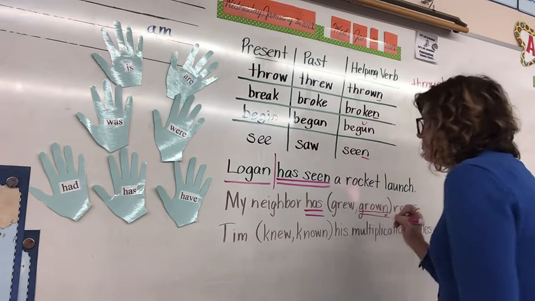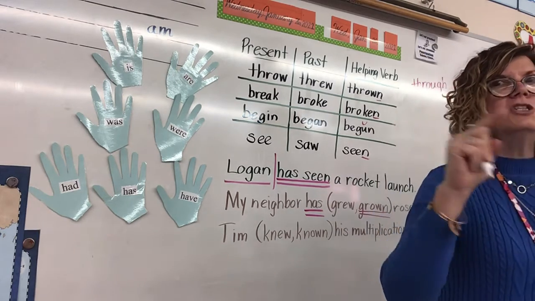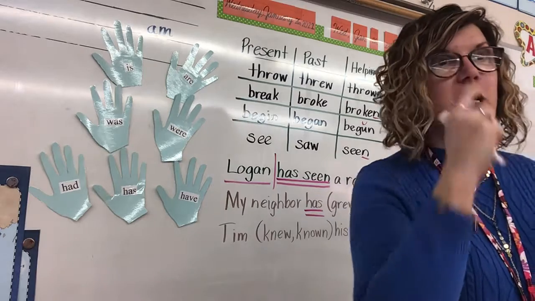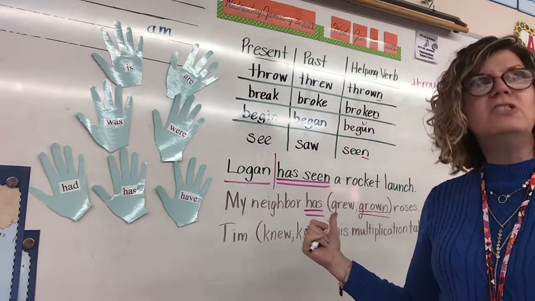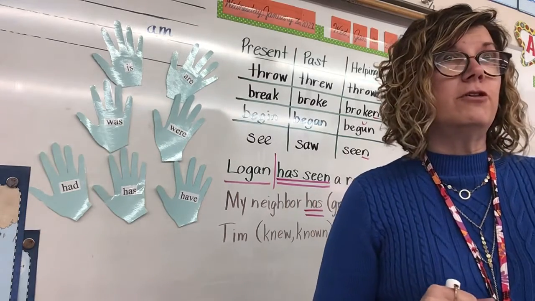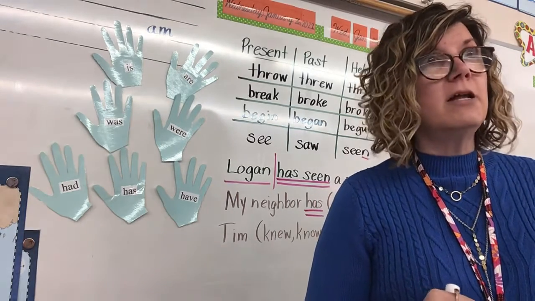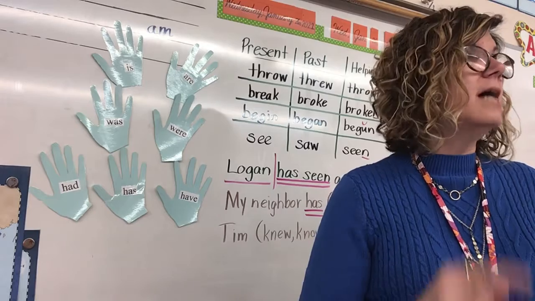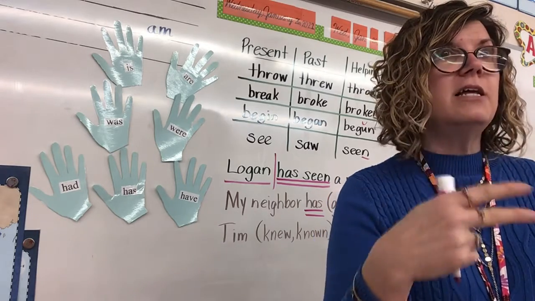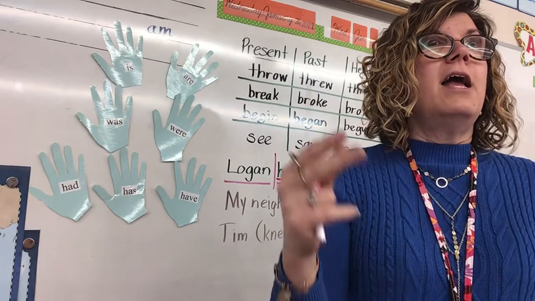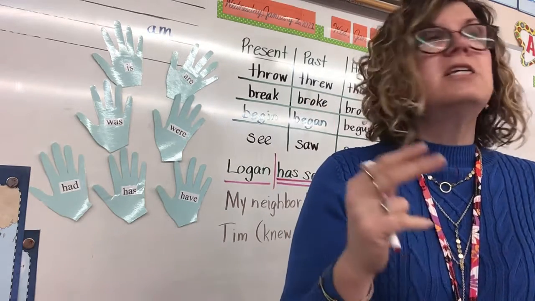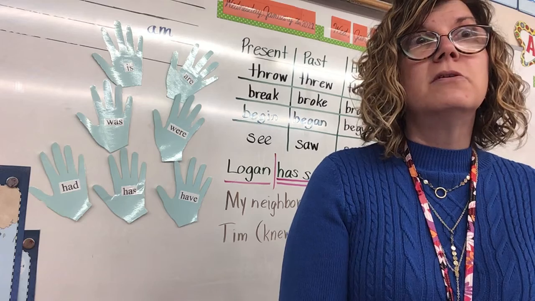Now, I'm gonna tell you this right now. The instructions on the test are not going to tell you to underline the helper too. They're just gonna tell you to pick the right verb. But I'm going to tell you to underline the verb twice, and it will be counting off points if you don't do it. Because I verbally am telling you now, and I will remind you again tomorrow, and I will try to remember to tell the substitute to remind you too.